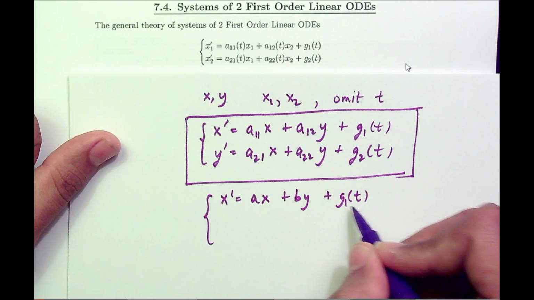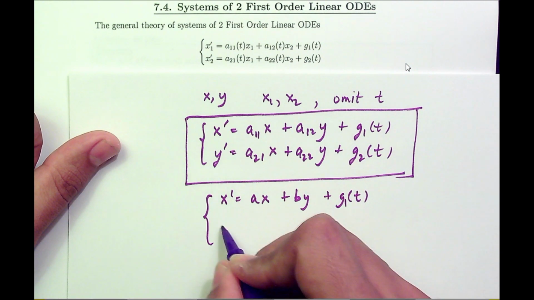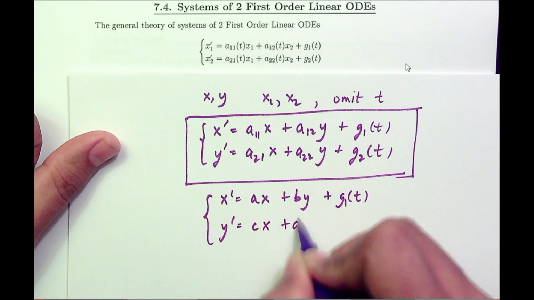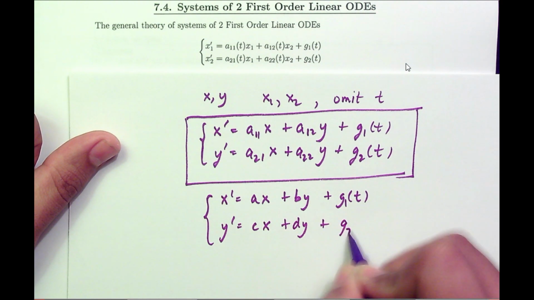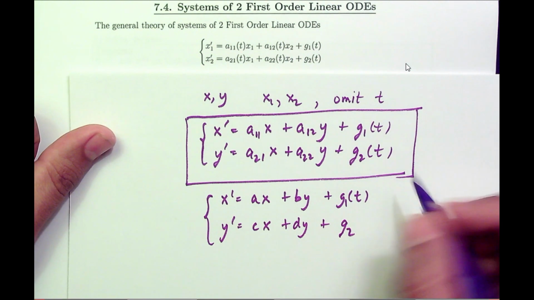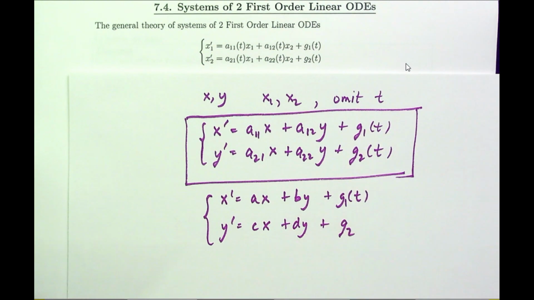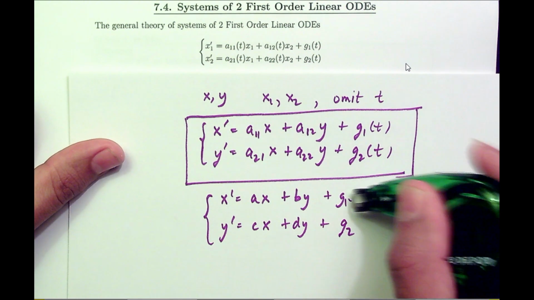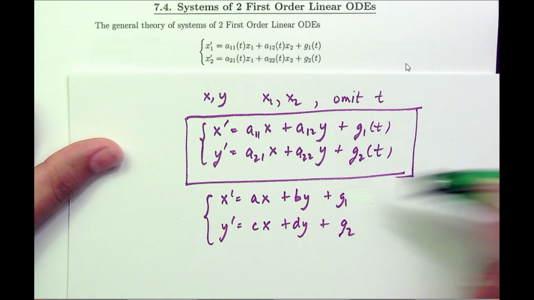And you can leave the t out of there. And y prime equals cx plus dy plus g2. And again, you don't have to write the t there. So even if you get rid of it, it may look a little bit simpler.